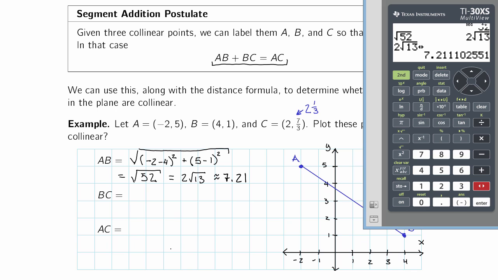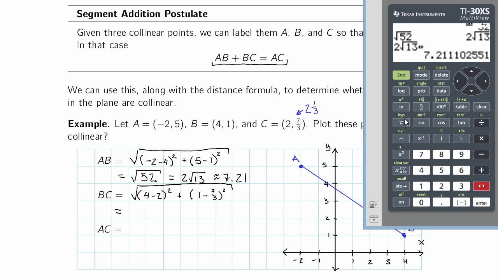Okay, we'll do the same thing for BC. So we take the difference in the x's, that'll be 4 minus 2, and square it. The difference in the y's, that'll be 1 minus 7/3, and square it. And then we take the square root.